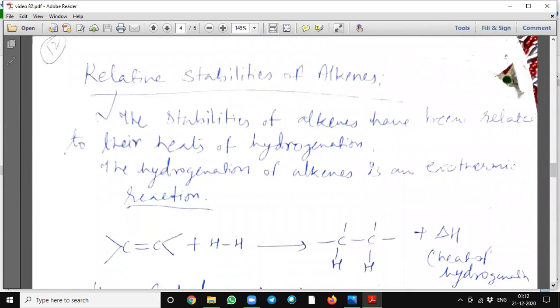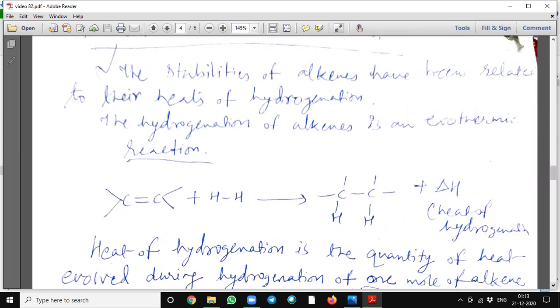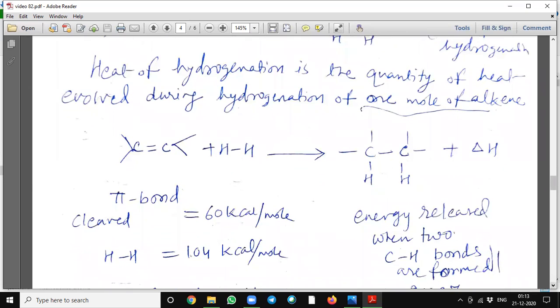Relative stabilities of alkenes. This is very important. The stabilities of alkenes have been related to their heats of hydrogenation. The hydrogenation of alkenes is an exothermic reaction. The heat of hydrogenation is the quantity of heat evolved during hydrogenation of one molecule of alkene.